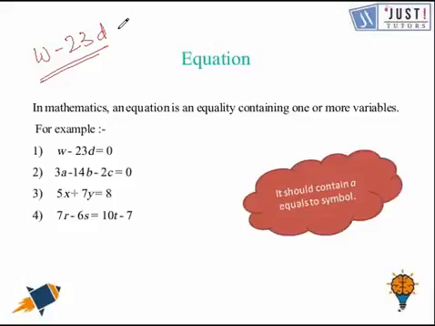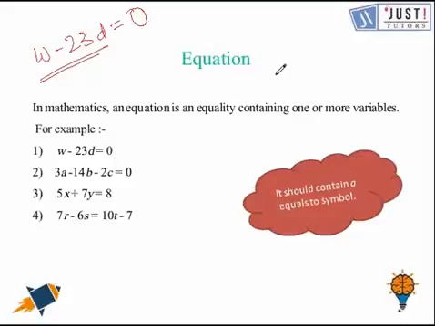But if we put an equals to sign, even if we put a 0 here, this becomes an equation, because it has an equals to sign and a combination of variables and constants. Even if there is a constant along with one variable, that is also an equation.